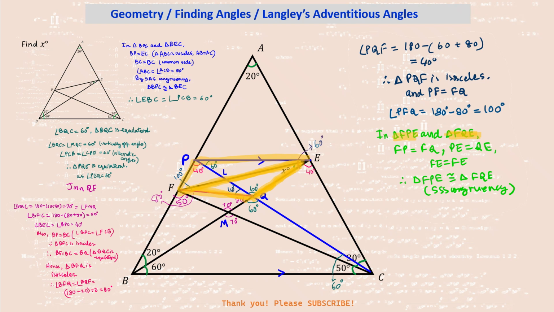The reason is because FP is equal to FQ, and PE is equal to QE, because we have already proved that triangle PQE is equilateral.